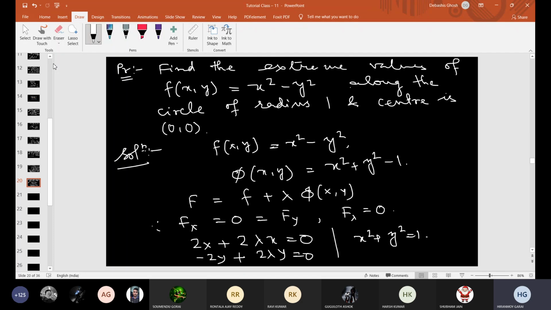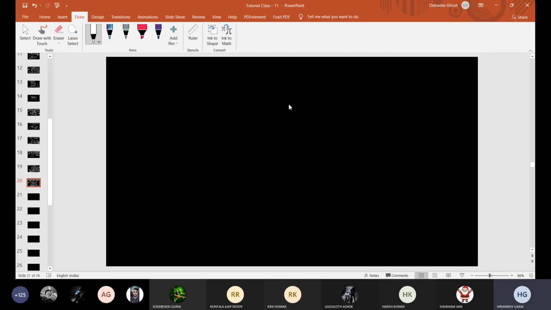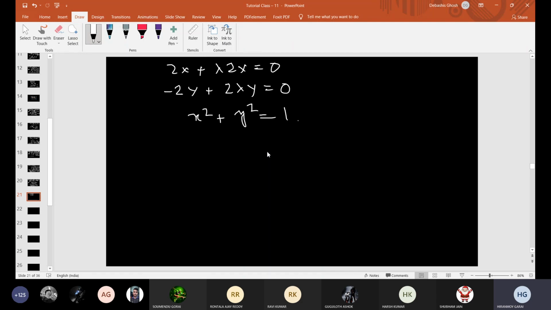We need these three equations to find the values. So I'm writing again: 2x plus lambda 2x equals 0. Another one is 2y minus 2y plus 2 lambda y equals 0. Another one is x square plus y square equals 1. Now we need to find the values for x and y.